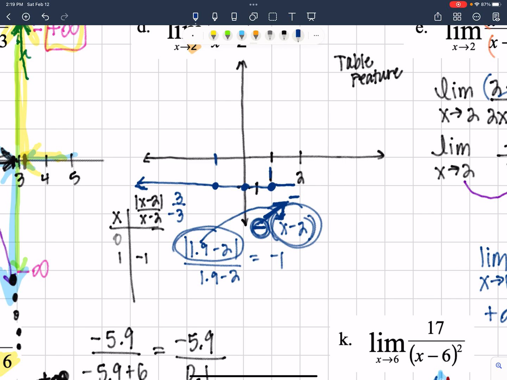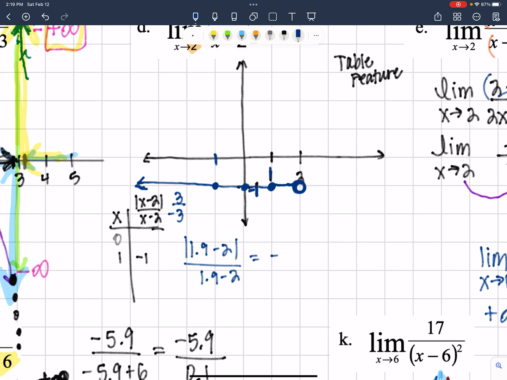If you drop the absolute value bars to come up with an equivalent statement, you'd have to take the opposite of this negative to make it positive. So all my values getting closer and closer to x equals 2 are going to have negative 1 outputs, until you get to 2. Because you can't put 2 in, that's going to be an open circle.